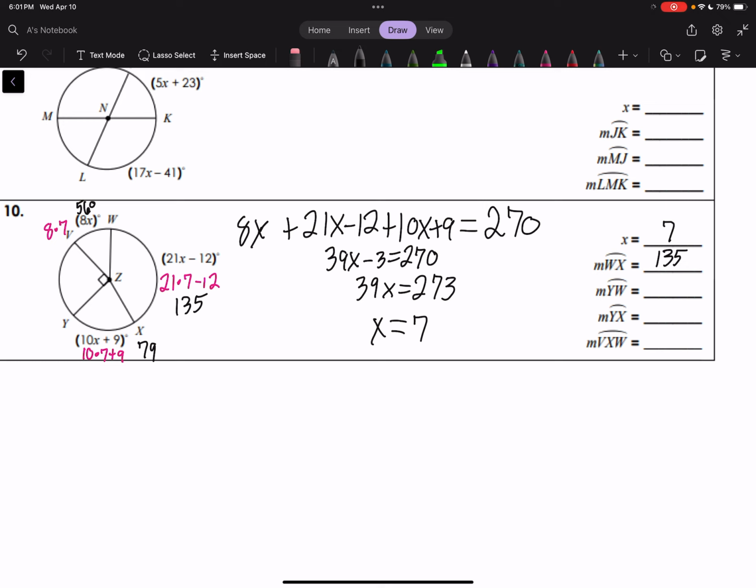Y to W. Okay, it's going to always take your shortest path possible. So I'm going to be going along this path. Okay, 90 plus 56, 146. YX, 79.